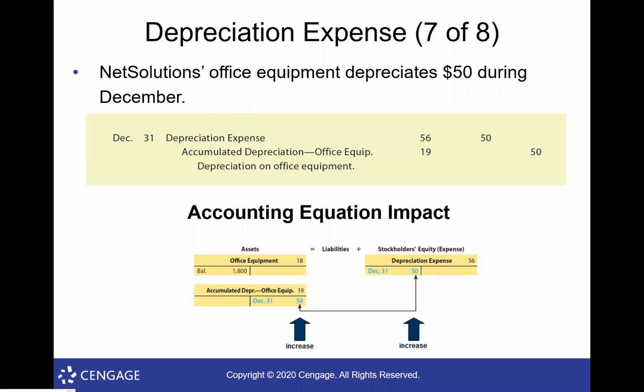And so there's a separate accumulated depreciation account for every asset I have. So this one's called accumulated depreciation, computer equipment. I'd also have one for building or for trucks or whatever I was depreciating.